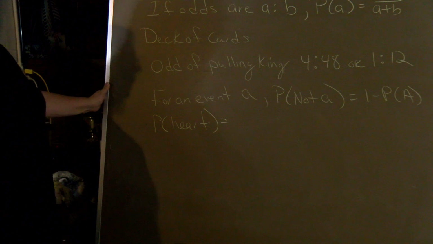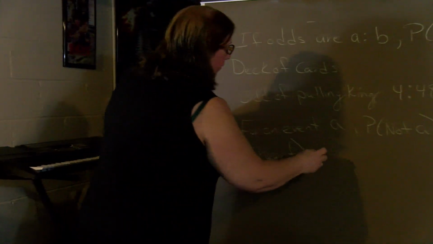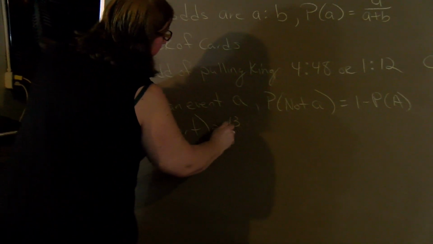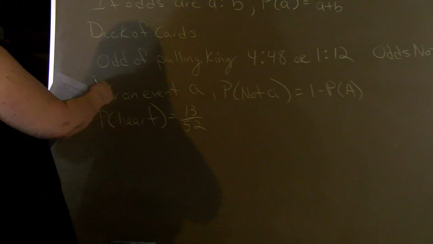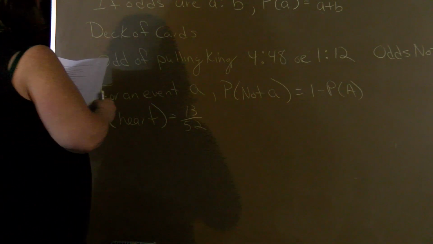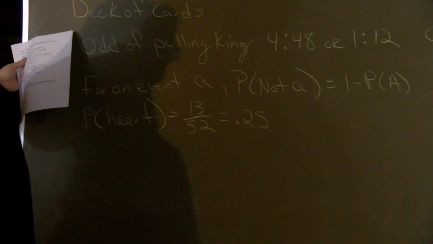The probability of pulling a heart. Well, we said in the last one, it was 13 out of 52, which is 0.25.